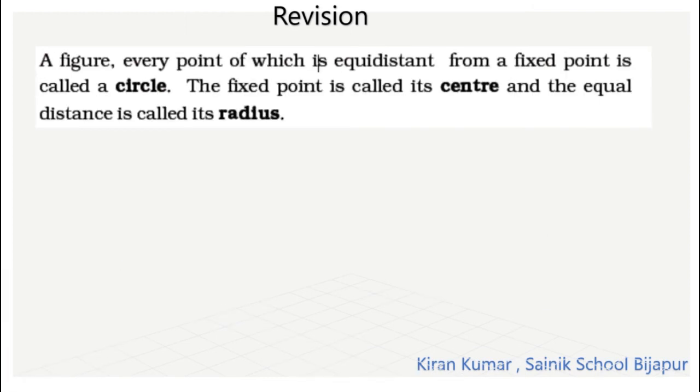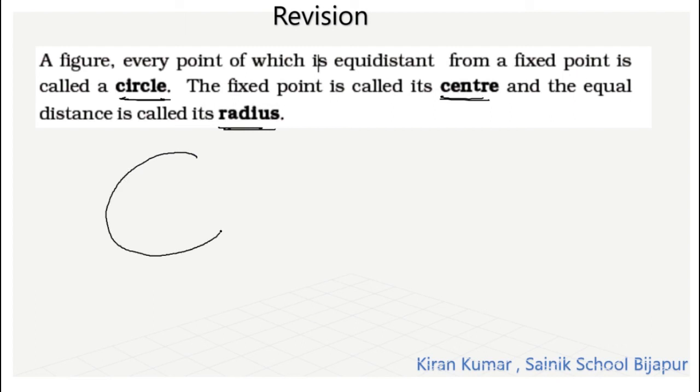The next important concept which I learned was related to the circle. A figure, every point of which is equidistant from a fixed point, is called a circle. The fixed point is called the center of the circle, and the fixed distance is called the radius.